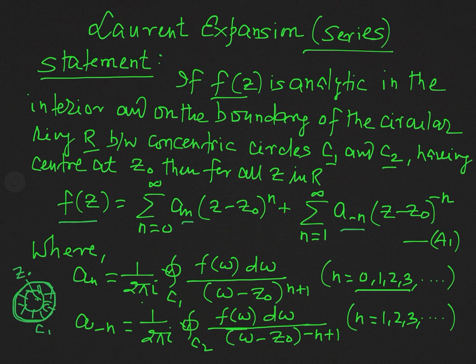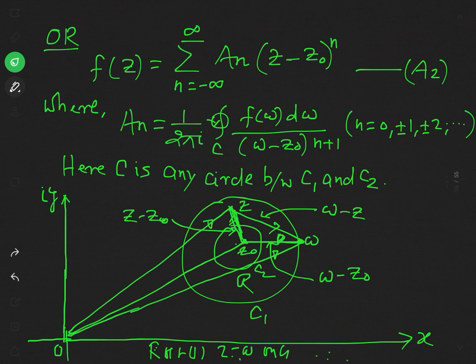In fact, this expression defined in A1, which is called Laurent series, can be expressed in another way. See here, I have just mentioned it, that f of z may be expressed as summation n equal to minus infinity to plus infinity, A_n (z minus z0) to the power n.